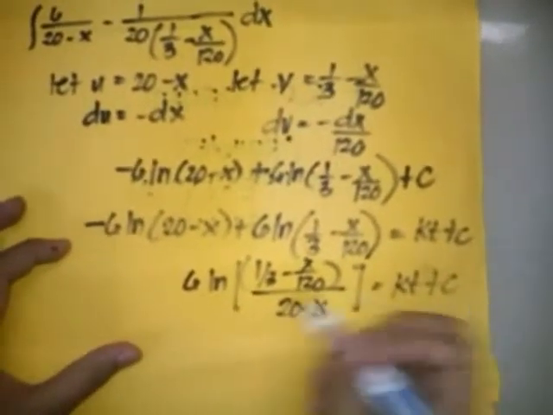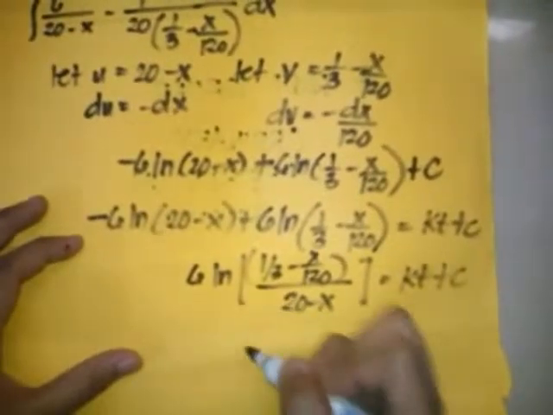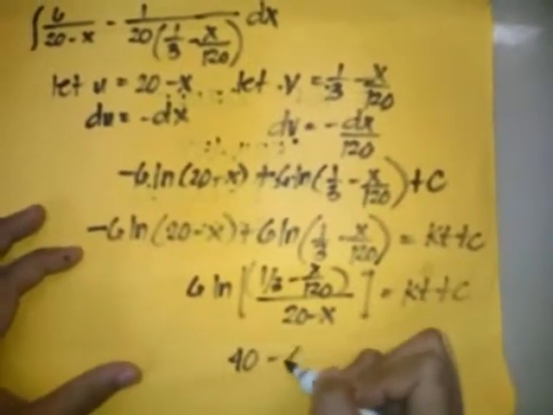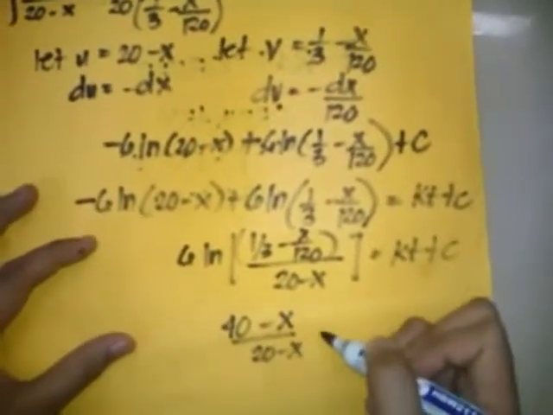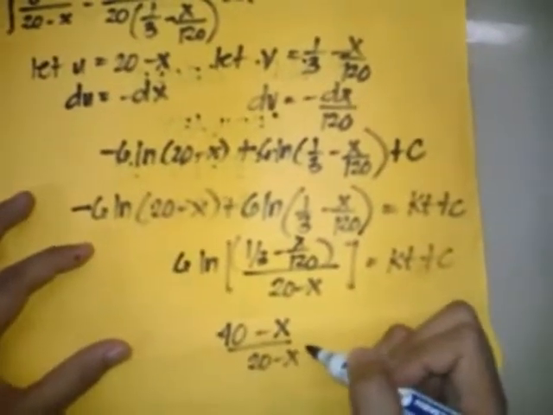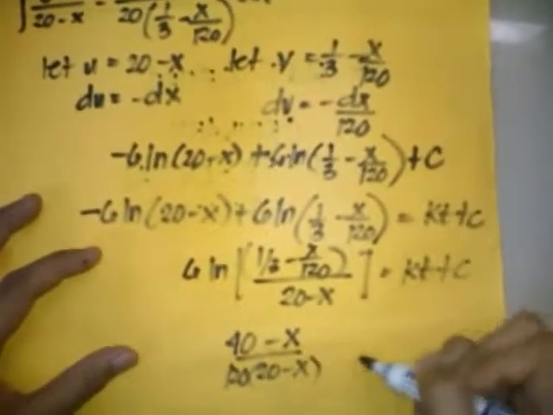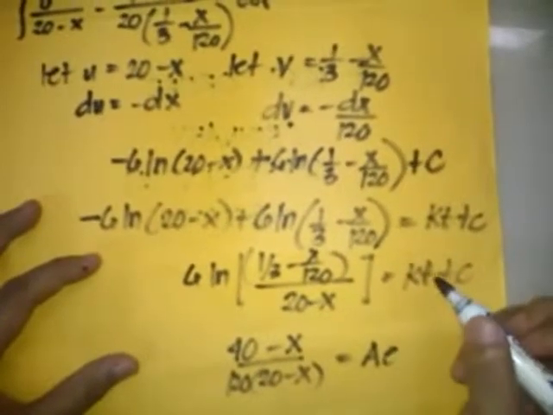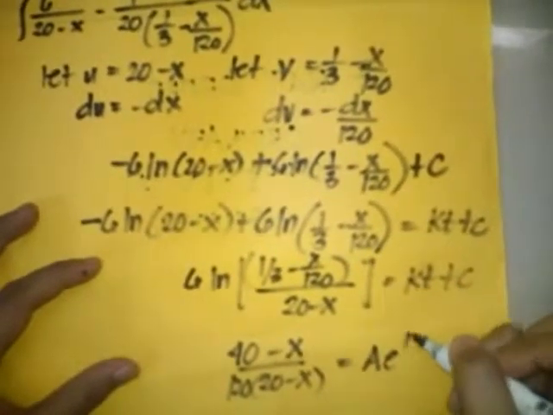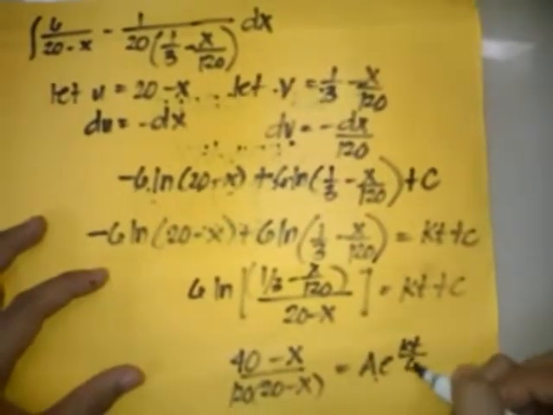After this, we manipulate the ln to be (40 minus x) over (20 minus x) times 120 equals A e to the power of kt over 6, which is A e to the power of dt.